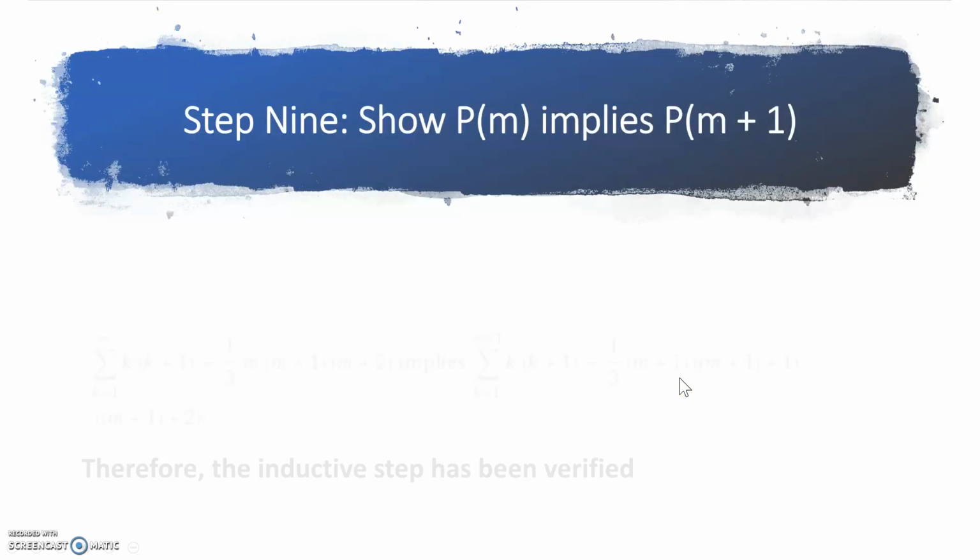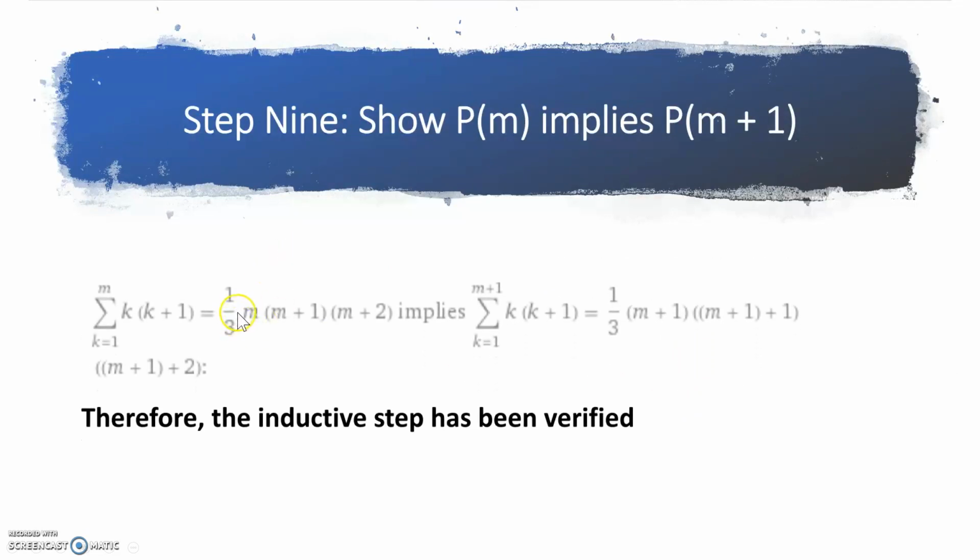So 1/3 m, m plus 1, m plus 2 also implies the formula where m is replaced by m plus 1, which is 1/3 times m plus 1, m plus 1 plus 1, and m plus 1 plus 2. You can just imagine that m plus 1 is replacing m. So this formula implies that this formula is also true. Therefore, the induction step has been verified.